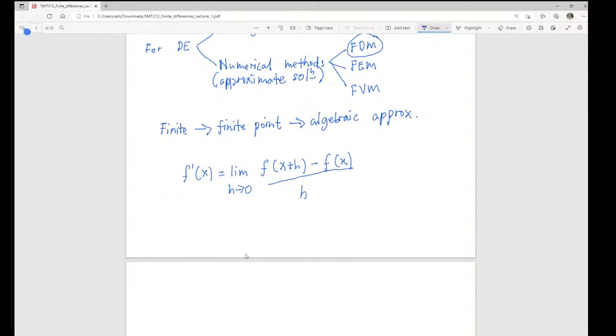For a small value of h, its derivative can be found using these equations. This equation is what we call the Taylor expansion series.